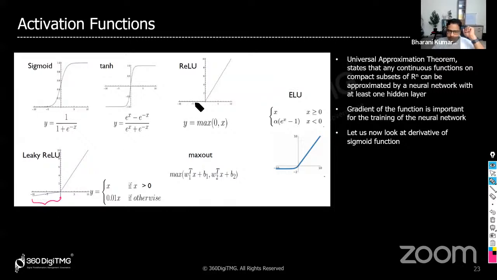So you're not completely saying that if you get a negative value, let me make it 0. If you have a negative value, multiply it with a small factor so that the negative values are also included in your output. And this variant of ReLU is called leaky ReLU.